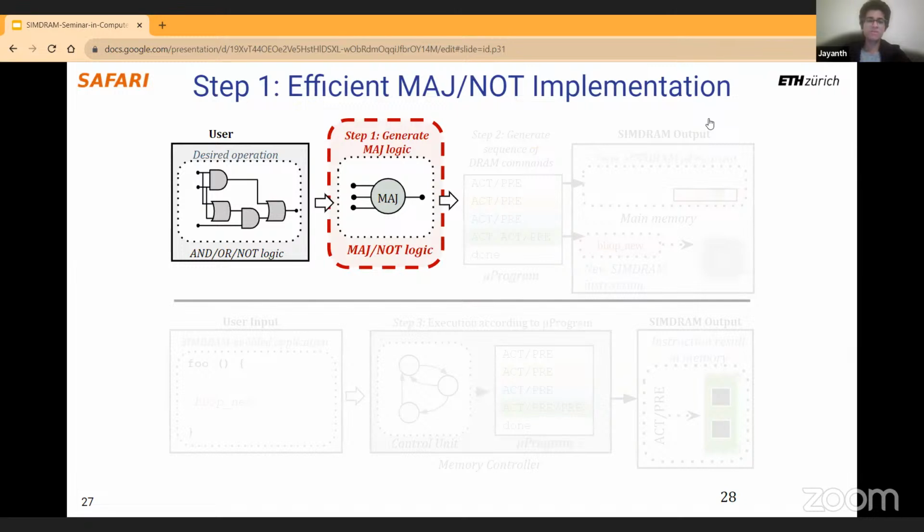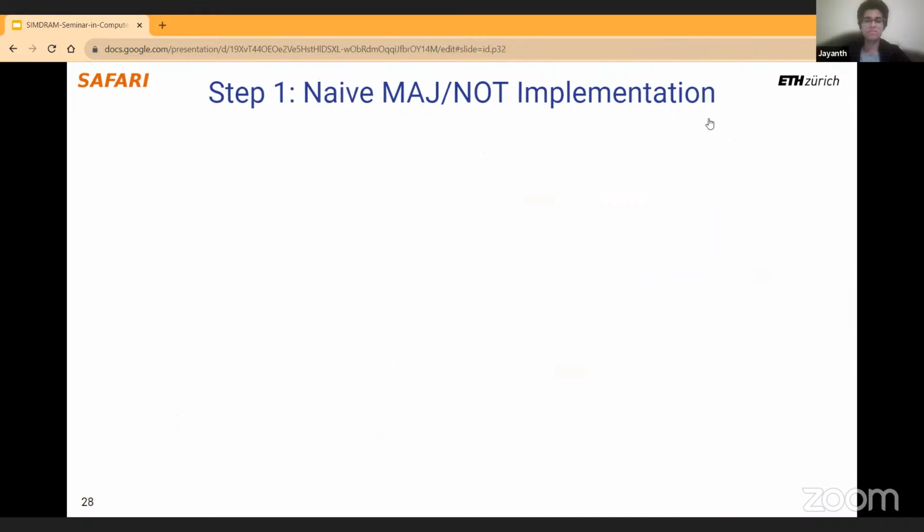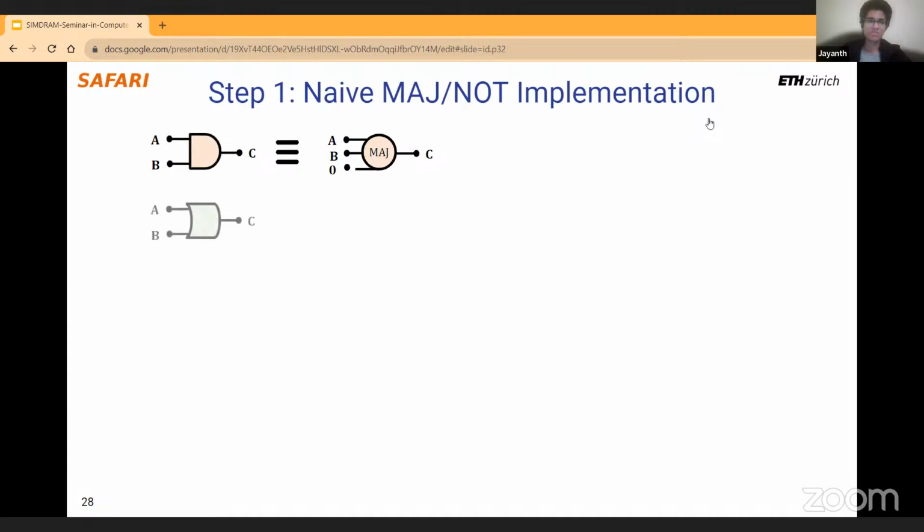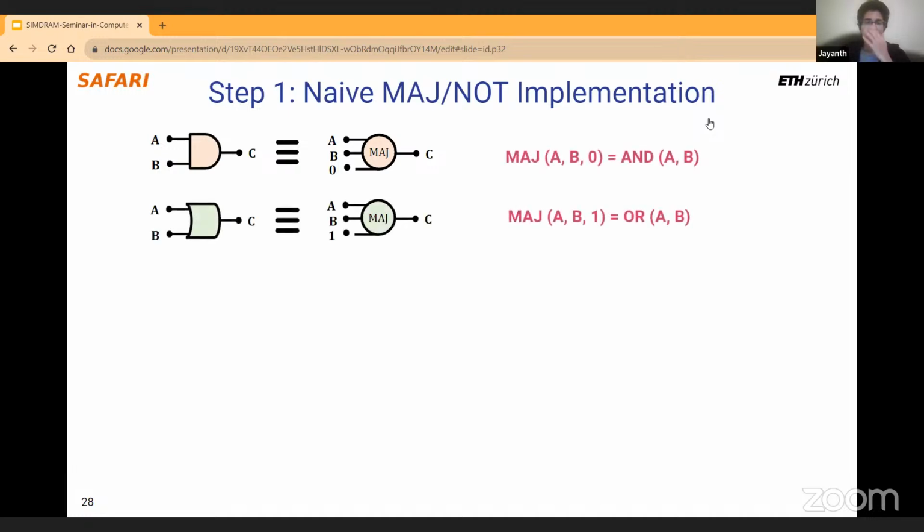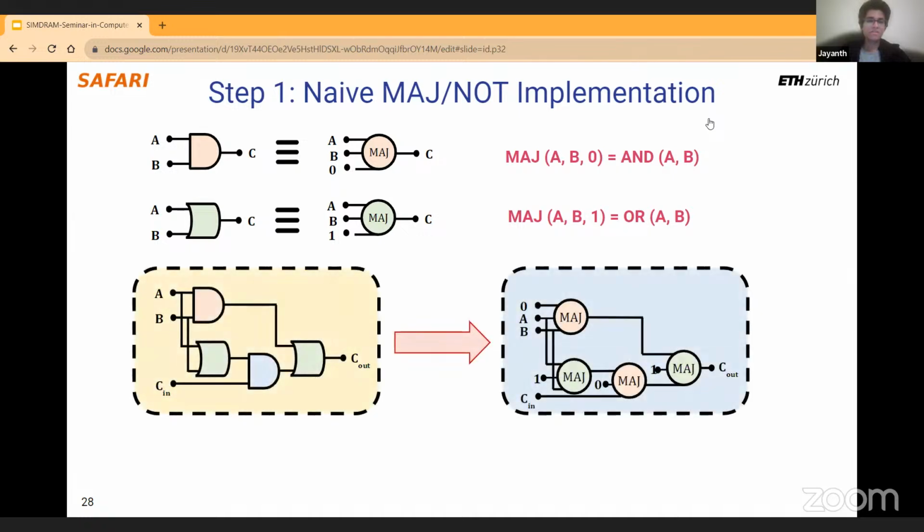Coming to step one, which is to generate an efficient MAJ/NOT implementation, the framework first performs a naive substitution, as we've seen before. We have these AND and OR operations. By tying one of the rows to 0 or 1, we can implement AND and OR Boolean logic functions. Let us consider this circuit on the left, which is a single-bit carry-out generator circuit.